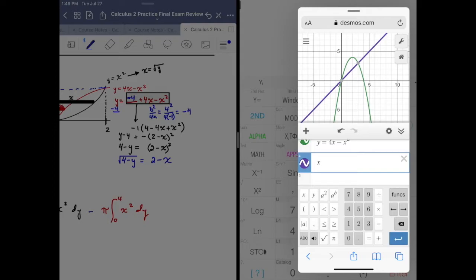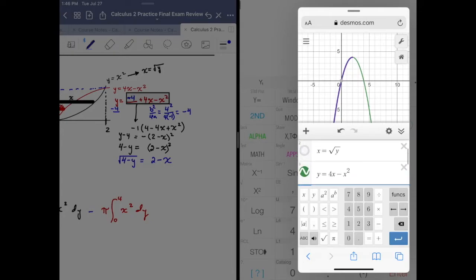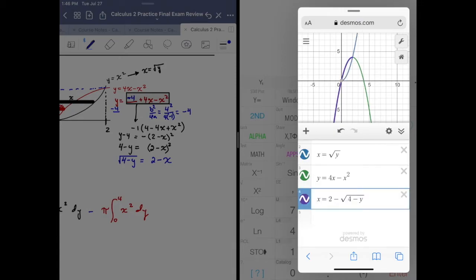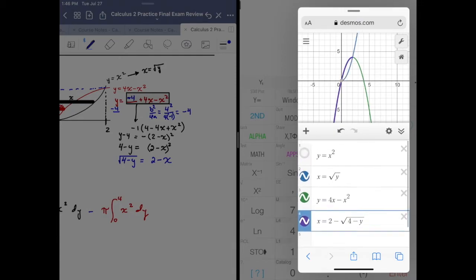So let me type that in. X is equal to 2 minus the square root of 4 minus y. Looking at that and comparing it with the piece that we had before, it looks like that's what we want.